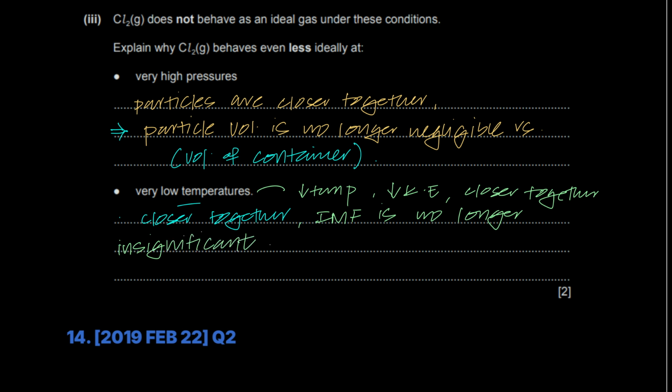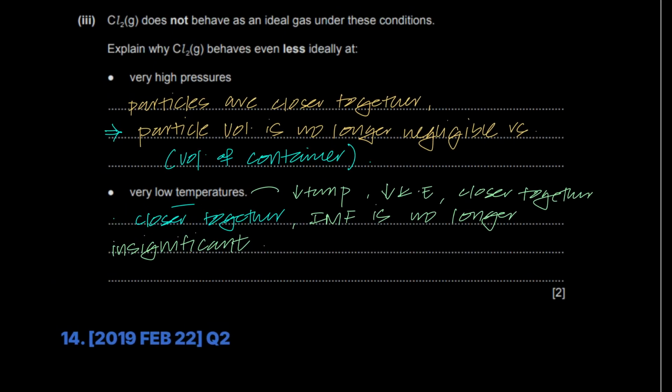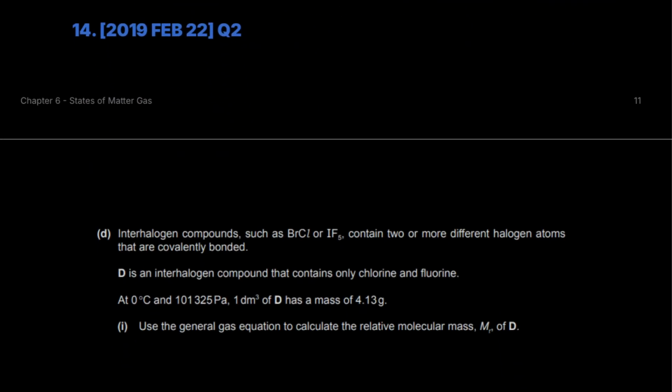Or you could even say the collisions aren't elastic. It is no longer negligible, whatever. We normally use the word negligible for particle volume and insignificant for temperatures. If you want to keep it in mind, that's also an idea.